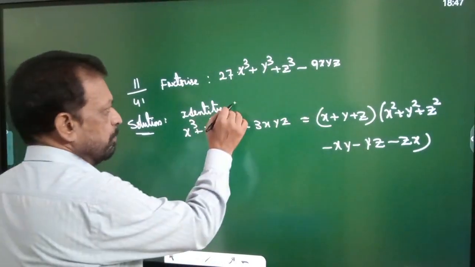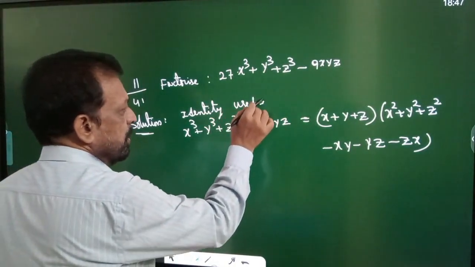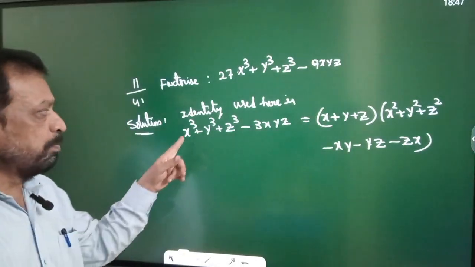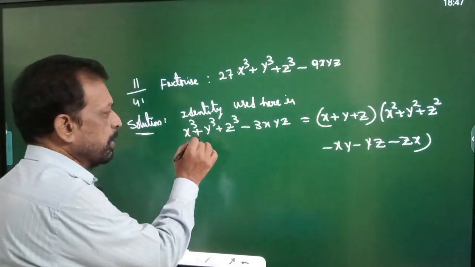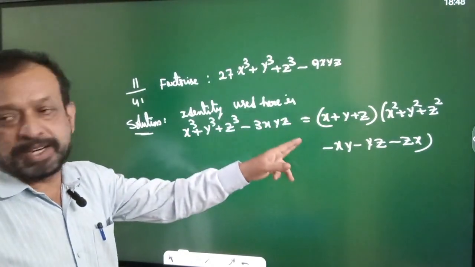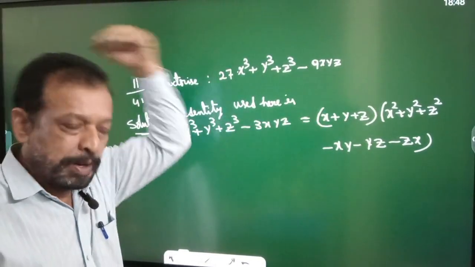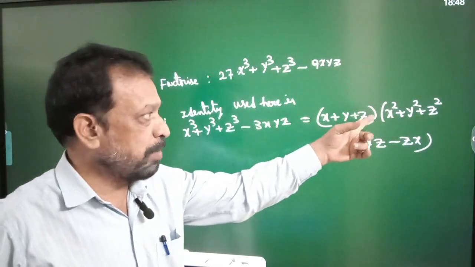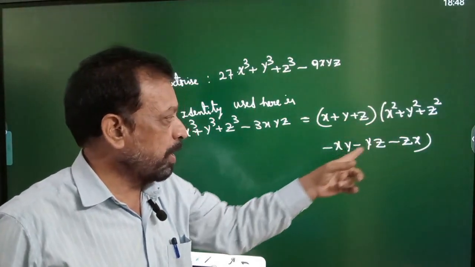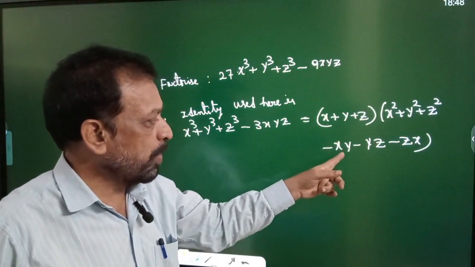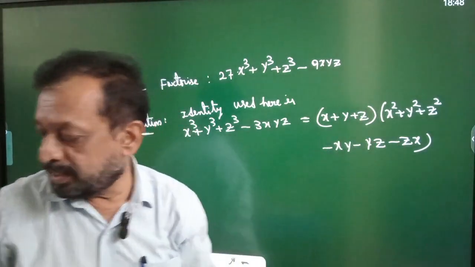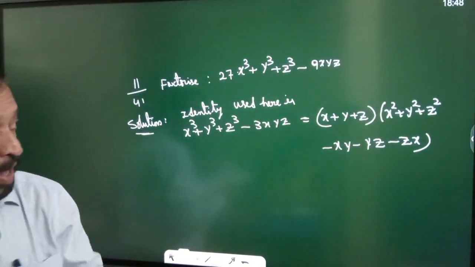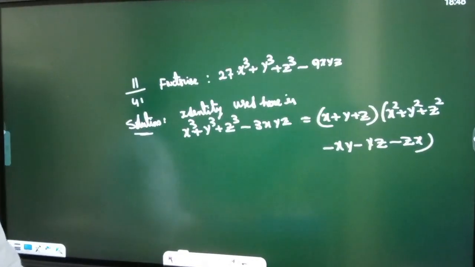The identity used here is x cube plus y cube plus z cube minus 3xyz is equal to x plus y plus z and x square plus y square plus z square minus xy minus yz minus zx. These are the factors. This is the basic identity formula. Okay? Now you want to find what is the x value.